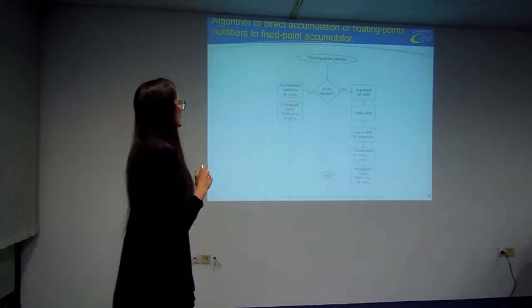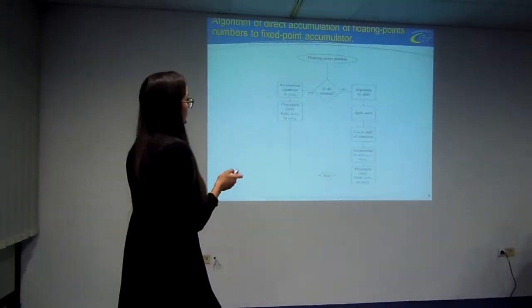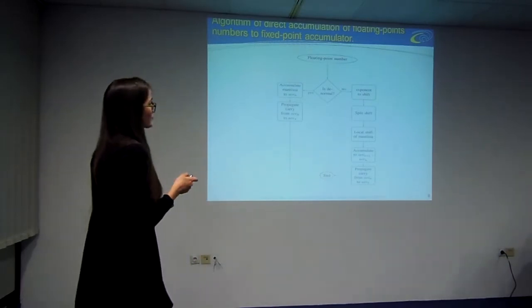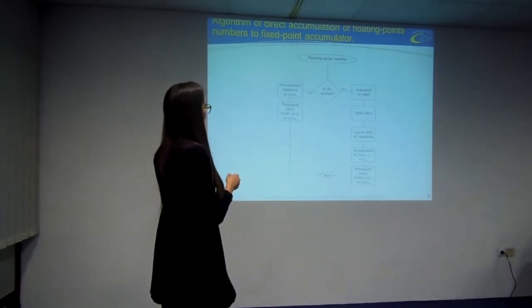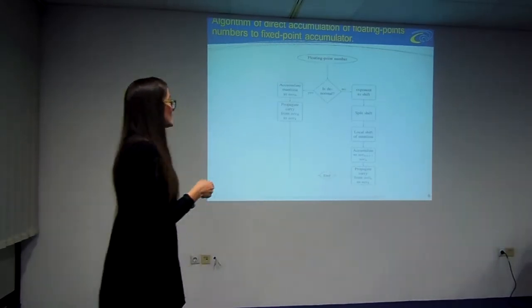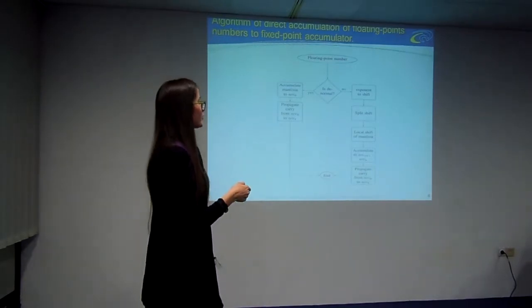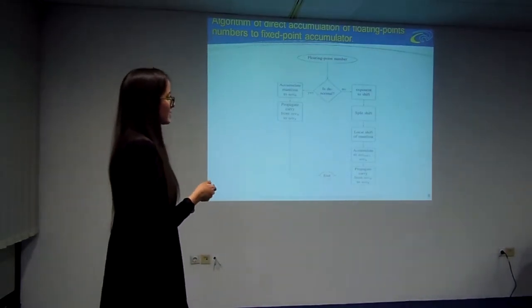On the other hand, if floating point numbers are normalized, the exponent would be shifted before the mantissa, and we also have a local and a global shift.